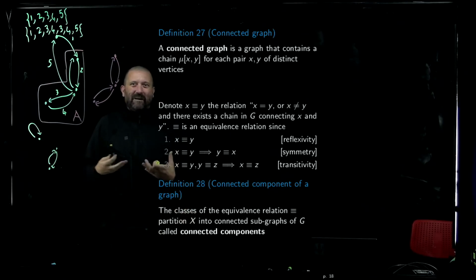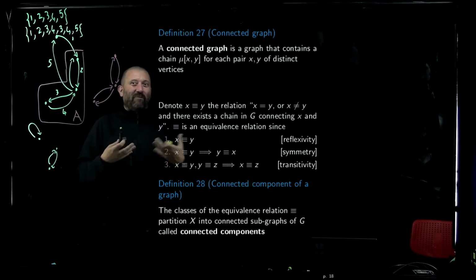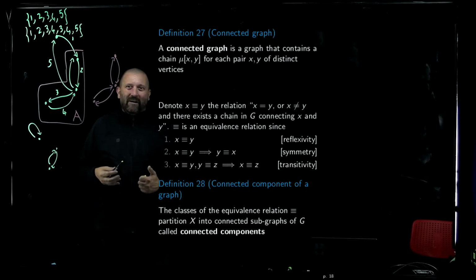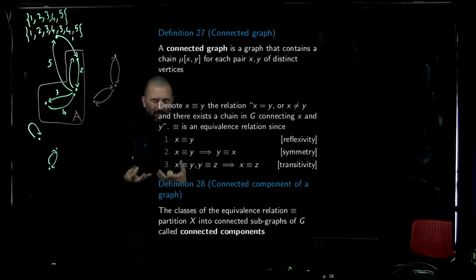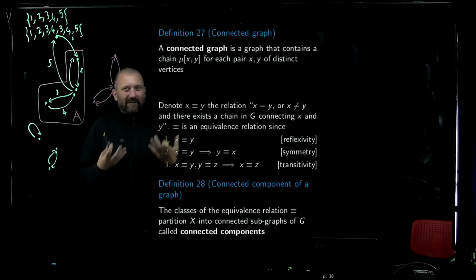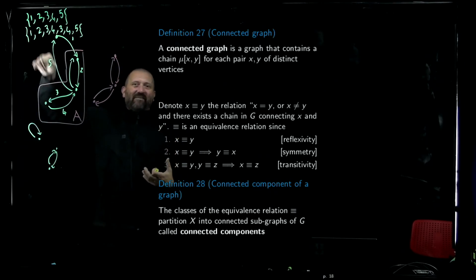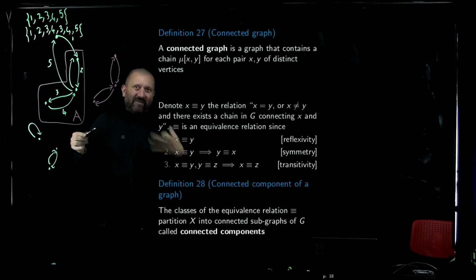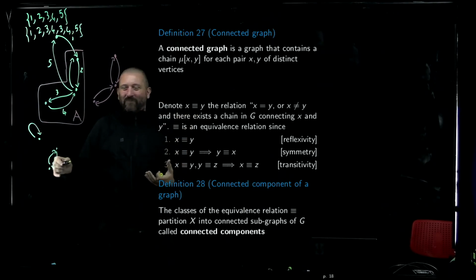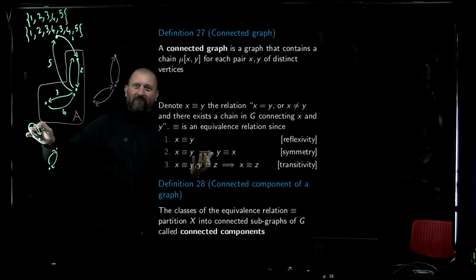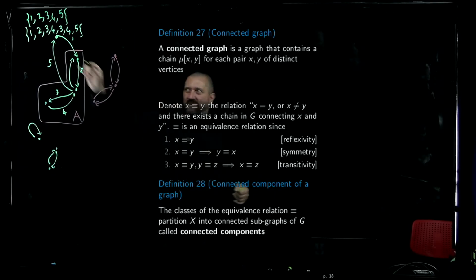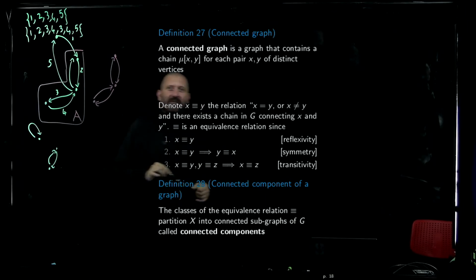Think of, and there will be analogies, those of you who do probability, there's something called a Markov chain, and it's really useful to think in terms of following paths. And this is going to be important in the future. So here, you cannot go from here to there, because there's no arc to follow. So this is a connected graph, this is not a connected graph.